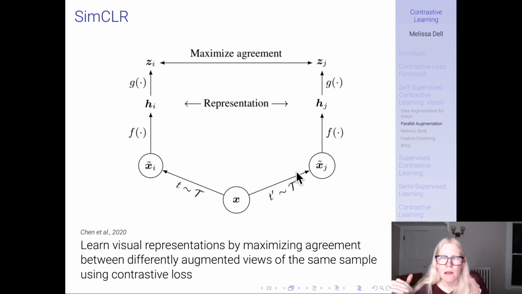In SimCLR, I believe this is a ResNet. Then you have an MLP layer that projects those representations down into a lower dimension, and you compute your contrastive loss over those lower dimensional vectors. You don't have to project into a lower dimension to calculate your contrastive loss, but this paper argued that it worked better, and it popularized that approach.